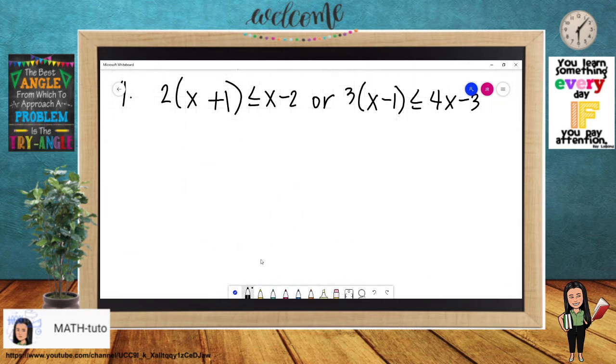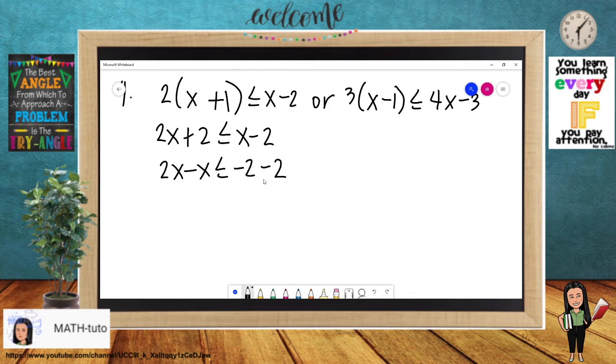This is 2x plus 2 less than or equal to x minus 2. Let's solve it. This is 2x minus x less than or equal to negative 2 minus 2. We have x less than or equal to negative 4 on this side.